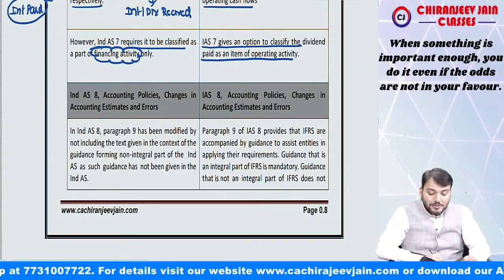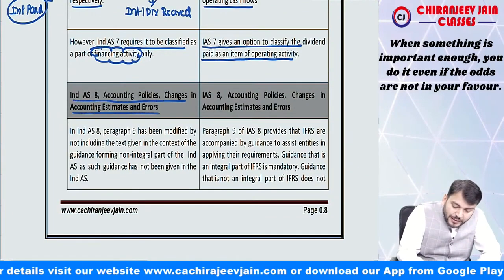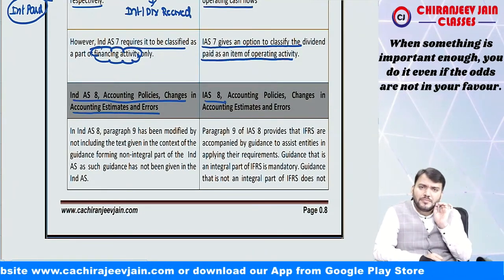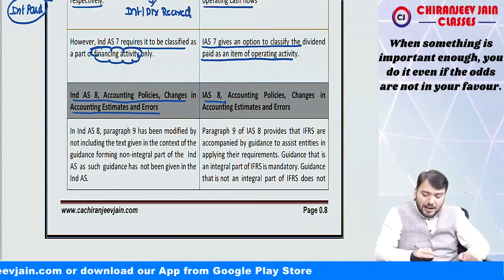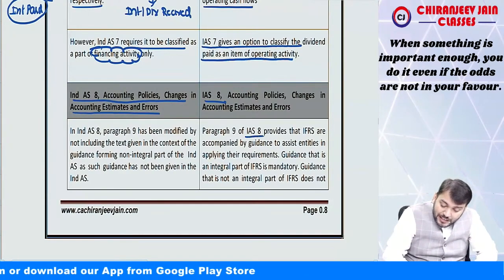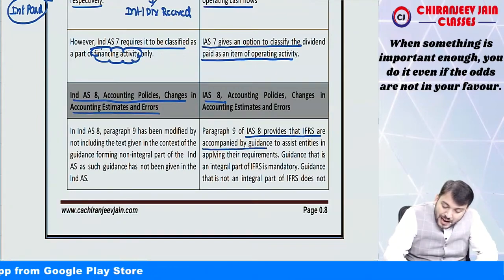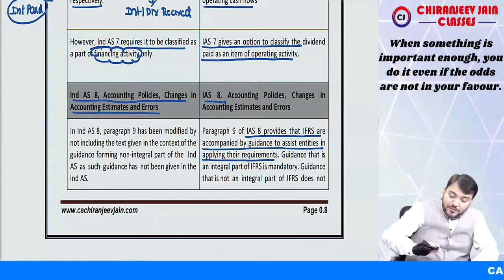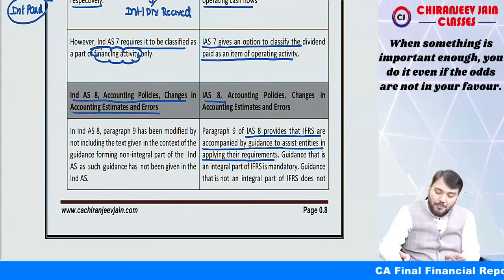Then coming to Ind AS 8, accounting policies, changes in accounting estimates and errors, and IAS 8. This difference will arise because of IFRS. What IFRS says? IAS 8 provides that IFRSs are accompanied by guidance to assist entities in applying their requirements.